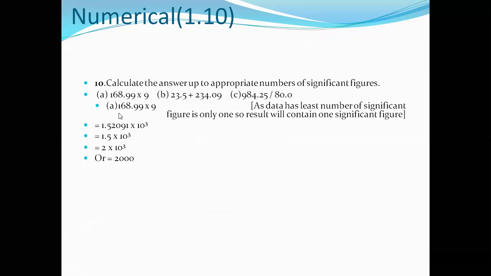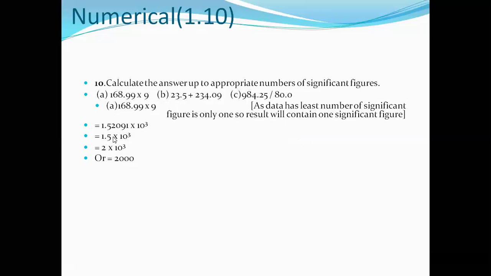Part A, 168.99 multiplied by 9. As the data with the least number of significant figures has only 1, the result will contain one significant figure. We have to go up till one significant figure because there is only one, and we will neglect the rest in the case of multiplication.